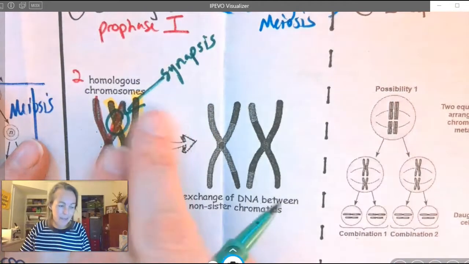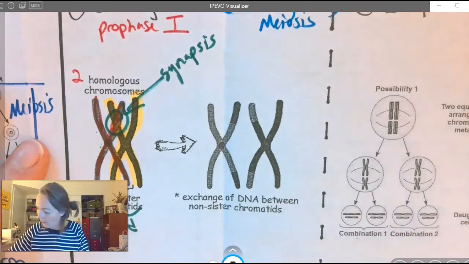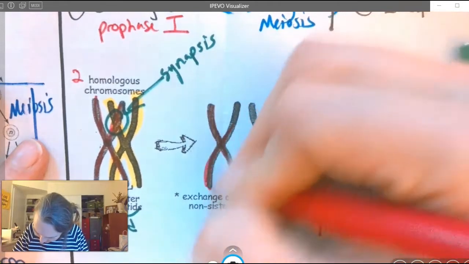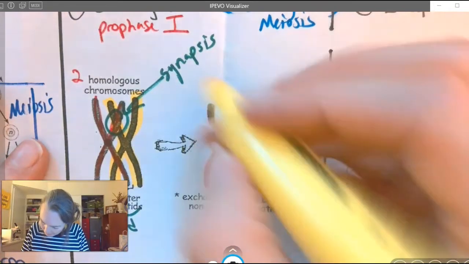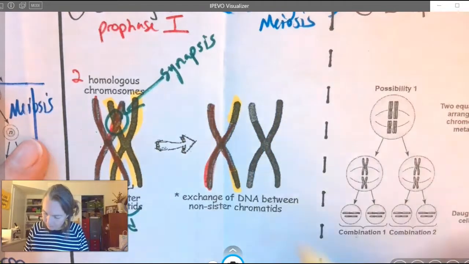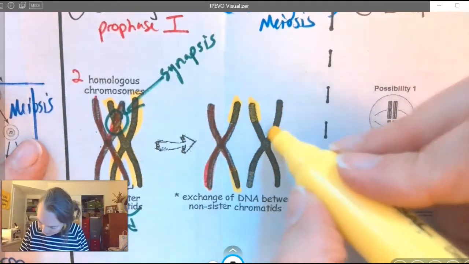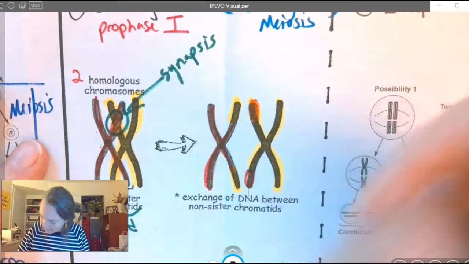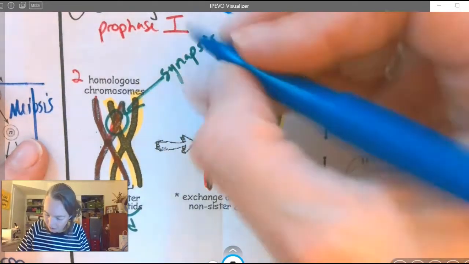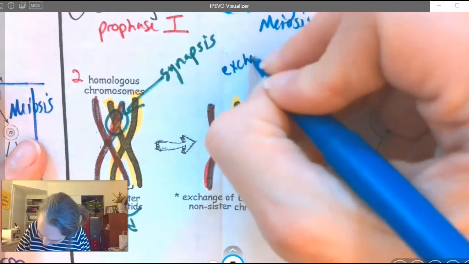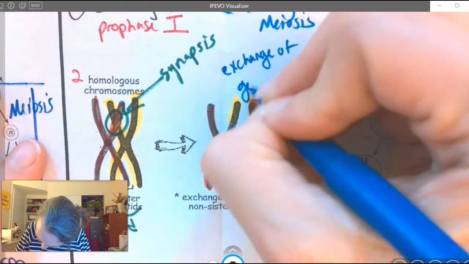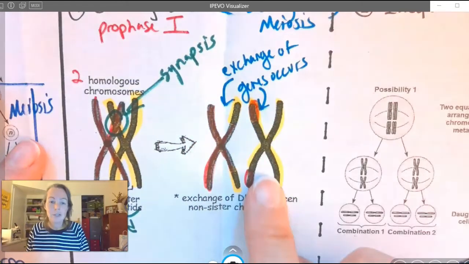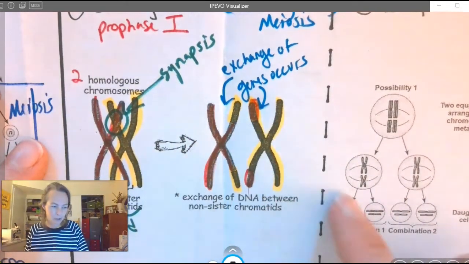They join together and they exchange genes so that when they separate from each other, one of the homologous chromosomes has much of its original information, but it has pieces from the other chromosome. And the same thing holds true for the other homologous chromosome. So basically, genes are exchanged between homologous chromosomes. And this exchange of genes increases genetic variation because now each of these chromatids are different.